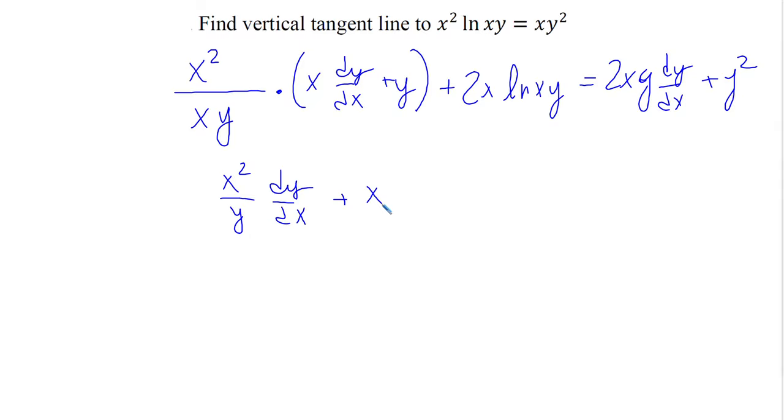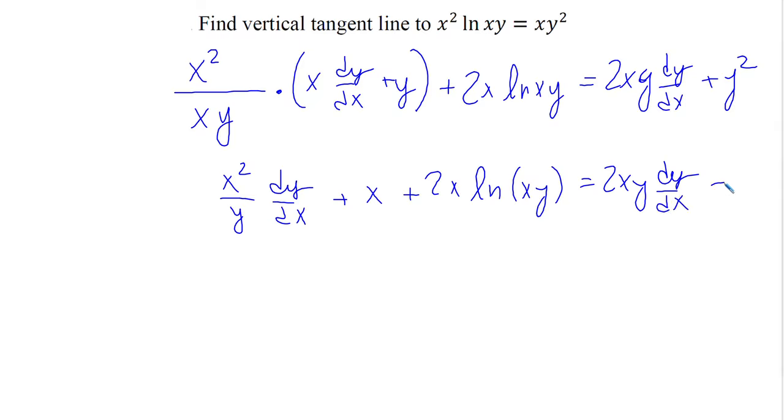And then we'll have our plus 2x ln of xy, and we'll have our 2xy dy/dx, and our plus y squared. And now we should be able to gather all of our dy/dx terms to one side, everything else to the other side, and solve for dy/dx.